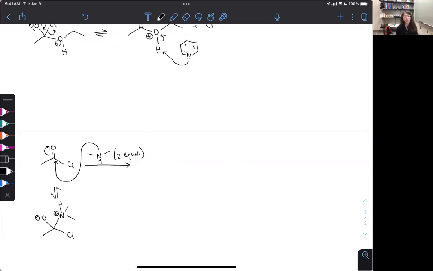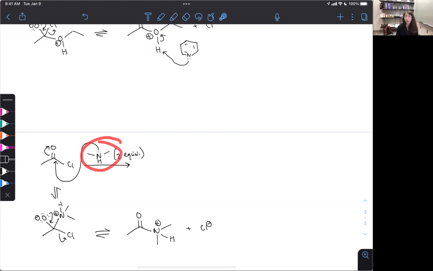Okay, so then we end up at this tetrahedral intermediate. Again, if you want to deal with the acid base now, that's fine. Or you can make the carbonyl first. That's what I'm going to choose to do. Okay, I've made my Cl minus now, but the best base that's around is my dimethylamine that I started with, not the Cl minus.